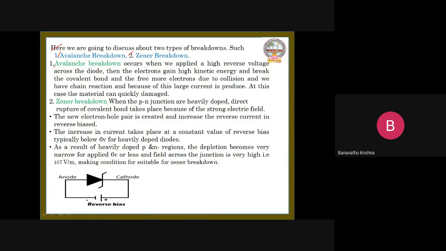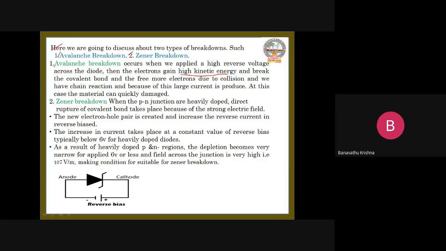It occurs when a high reverse voltage is applied across the diode, and then the electrons gain some kinetic energy. As I told you in the previous class, the initial velocity is caused by the reverse bias voltage. If you increase the reverse bias voltage, the electrons gain high kinetic energy.